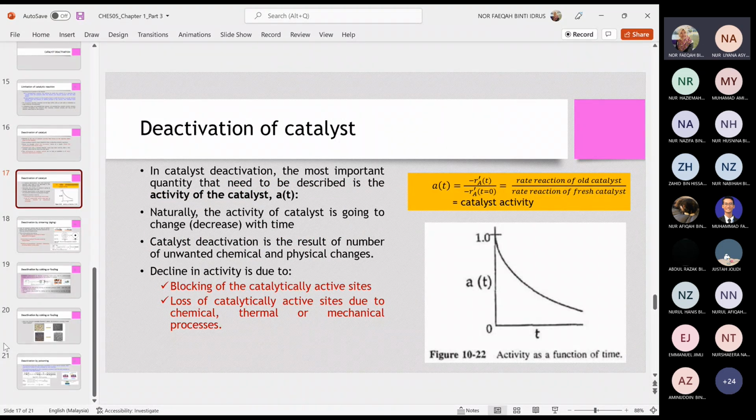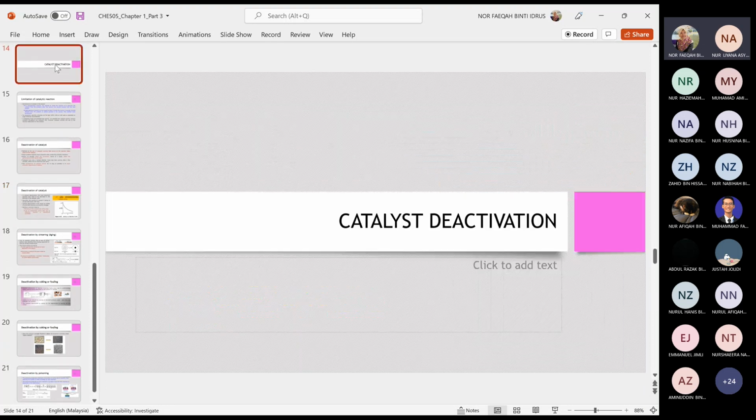So we will look at this next week. And suppose we start with the new chapter next week, if we can finish this part, because catalyst deactivation is very simple. So we can continue with the new chapter next week.